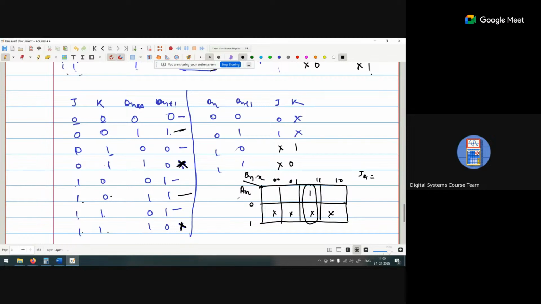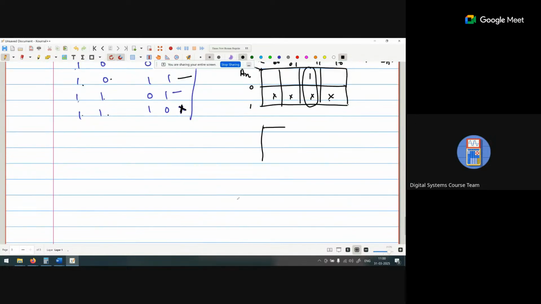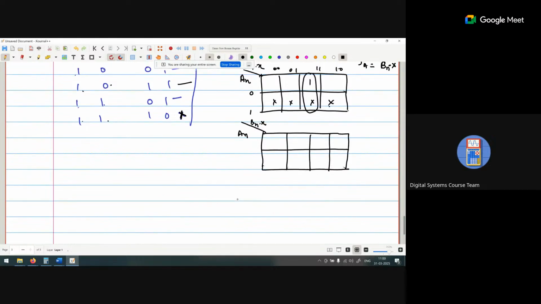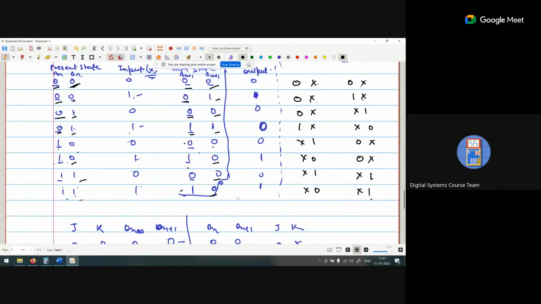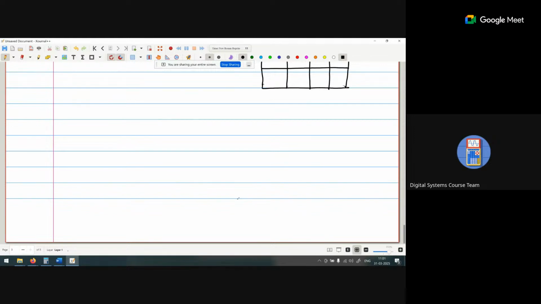So JA is nothing but BN times X. Similarly for K, again the inputs are AN, BN, X. Starting with 4 don't cares, then the fourth is 1 and the sixth is 1.